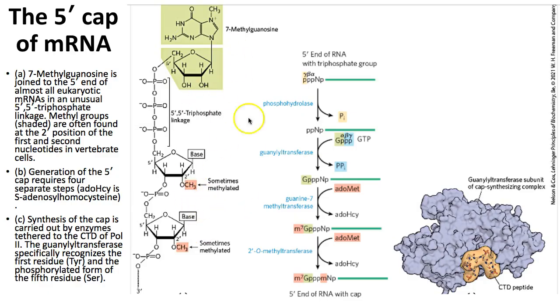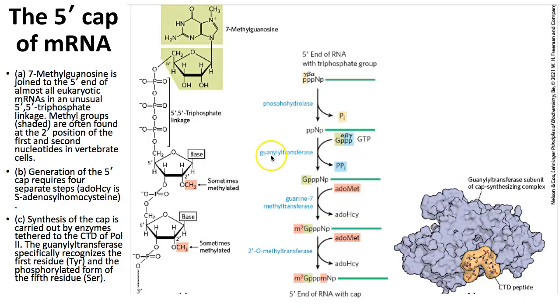And so how is this cap being formed? You have different enzymes involved, where the synthesis of the cap is carried out by enzymes tethered to the CTD of polymerase 2. You have the phosphohydrolase that removes the phosphate group.